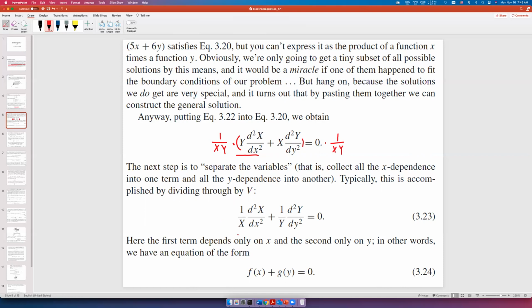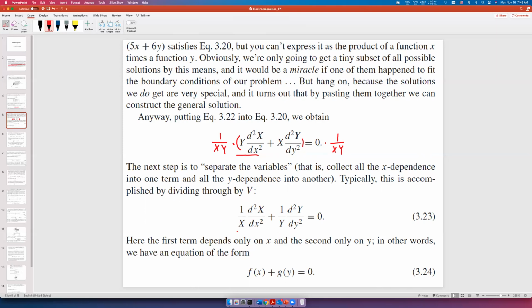Now if we look at this equation, you will find you have two functions. On the left, it is a function that depends purely on x, and on the right, a function that depends purely on y.